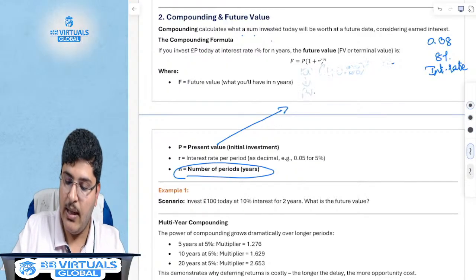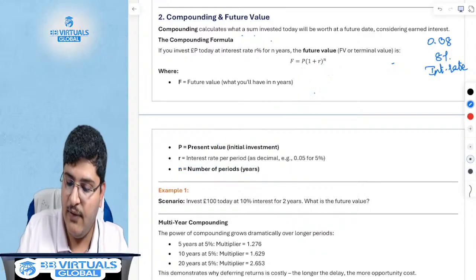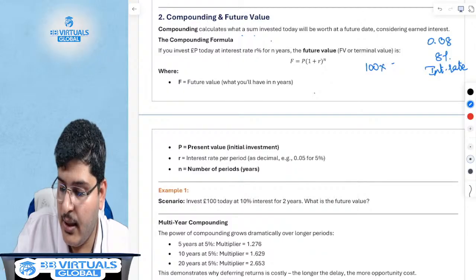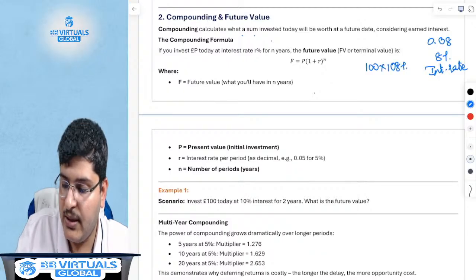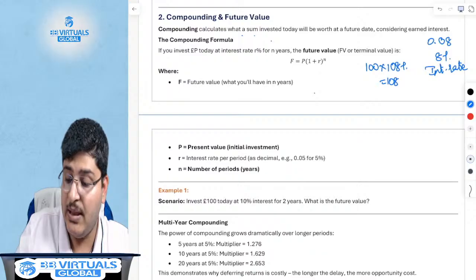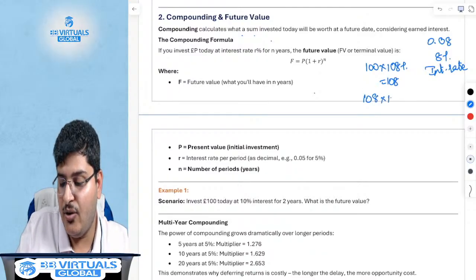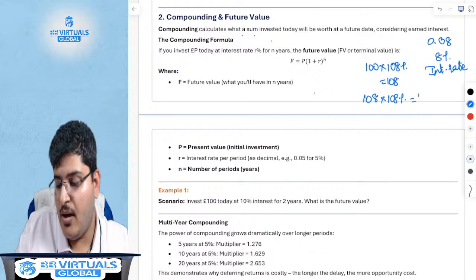If you solve it the other way also, there are 2 ways to do this. I get 100 into 108% for the first year, which is 108 rupees. I will reinvest this 108 rupees for the second year, which will give me 116.64.